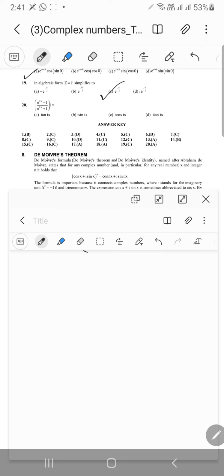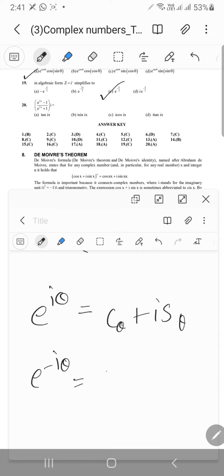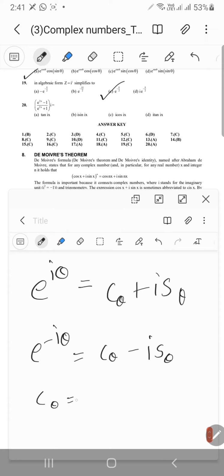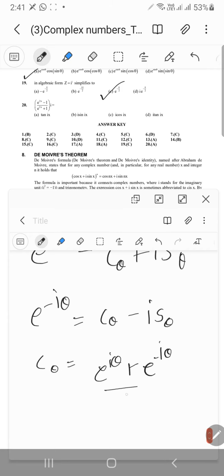So I know that e power i theta is cosine theta plus i sine theta, right? And we also know e power negative i theta equals cosine theta minus i sine theta. Adding them, we get cosine theta equal to e to the i theta plus e to the minus i theta upon 2.